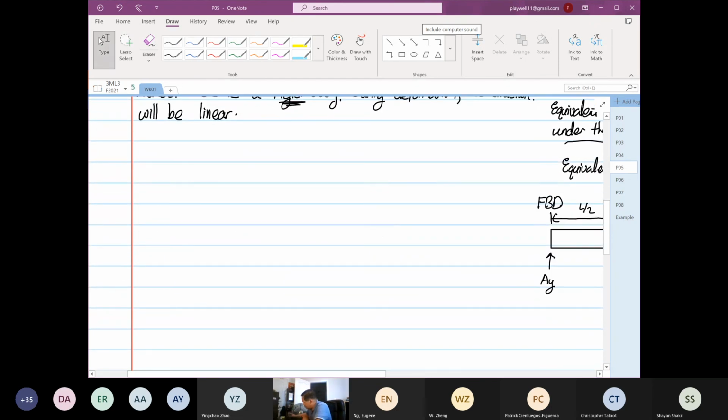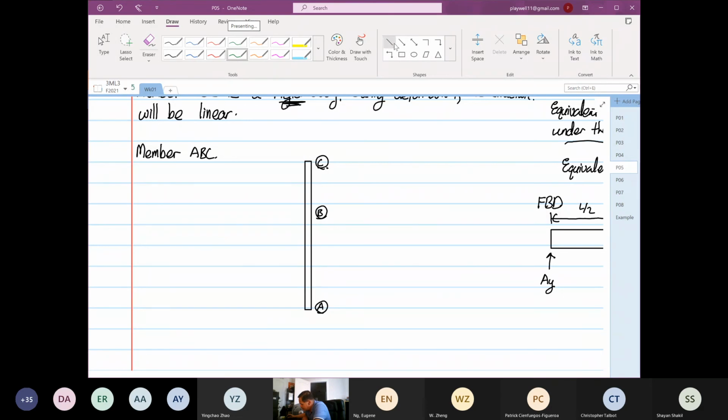Now I'm going to draw member ABC. This is our member ABC, this is our point A, point B, point C. The next line I'm going to draw is a deformation pattern. When it's loaded, because we assume it to be a rigid body, the deformation pattern is a straight line.